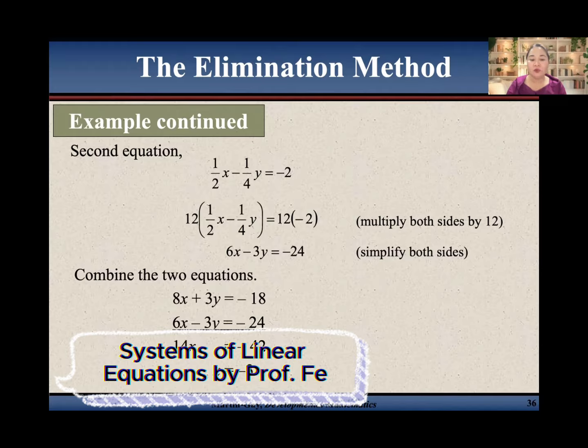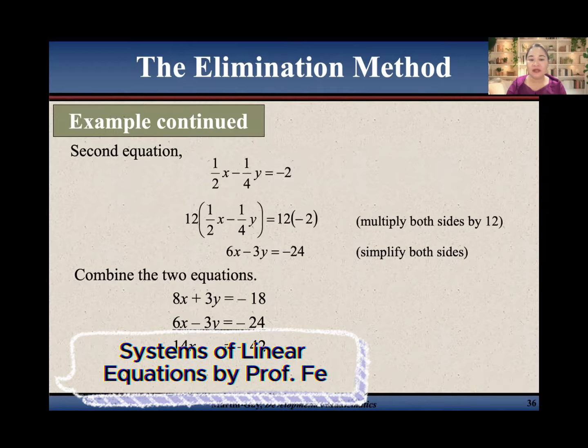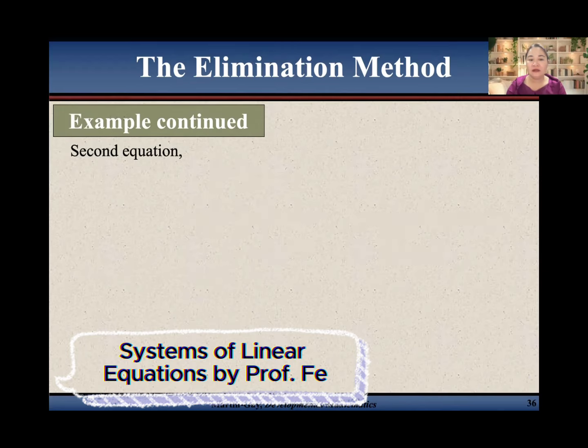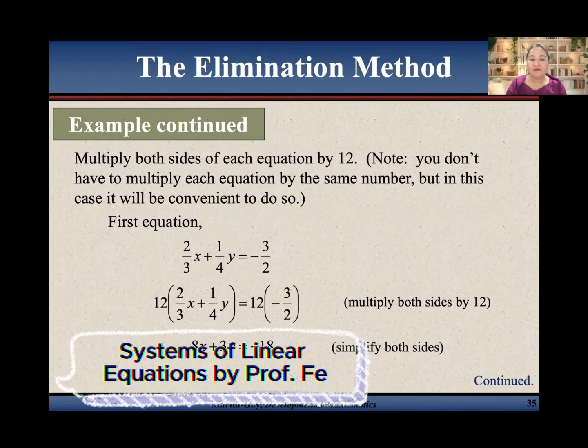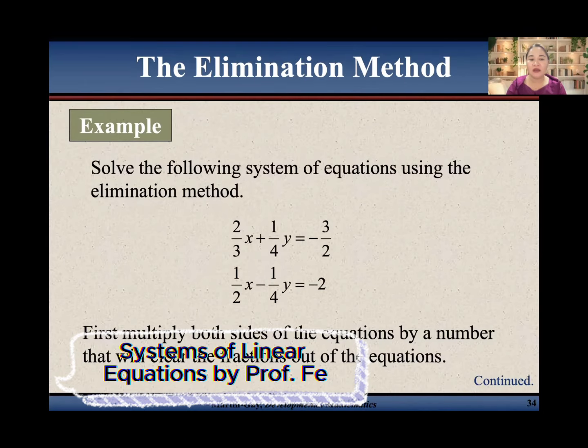Okay, so we have another example. And I'm sure this is very common. The given equations are: 2/3 x plus 1/4 y is equal to negative 3/2.